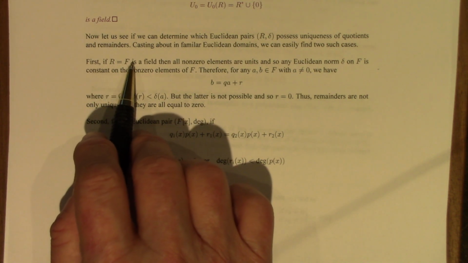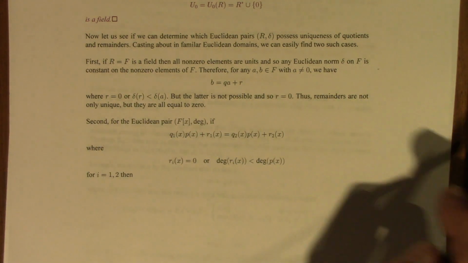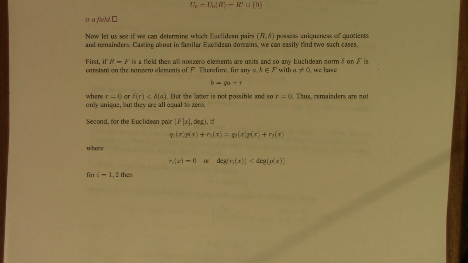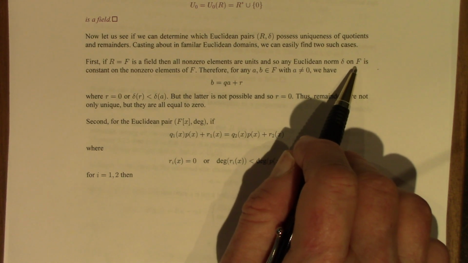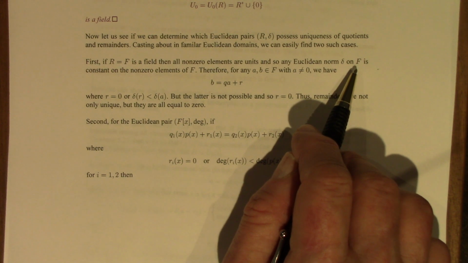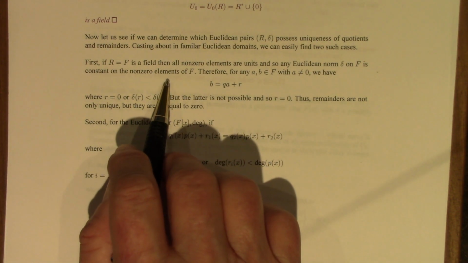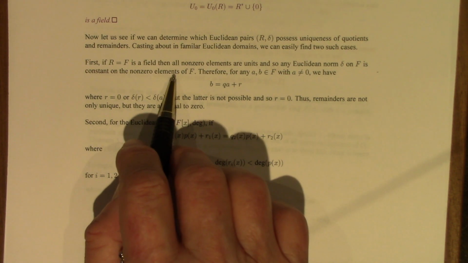If R is a field, say call it F, then all the non-zero elements are units. And so any Euclidean norm on F is constant. It takes the same value on all the units. So it's constant on the non-zero elements of F. It's not defined at 0.